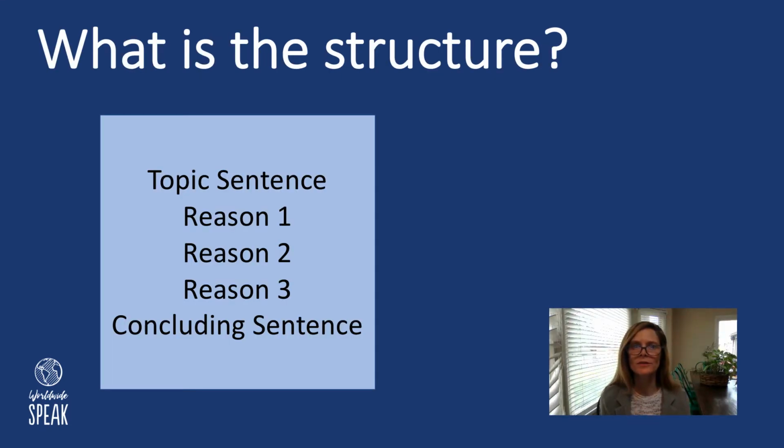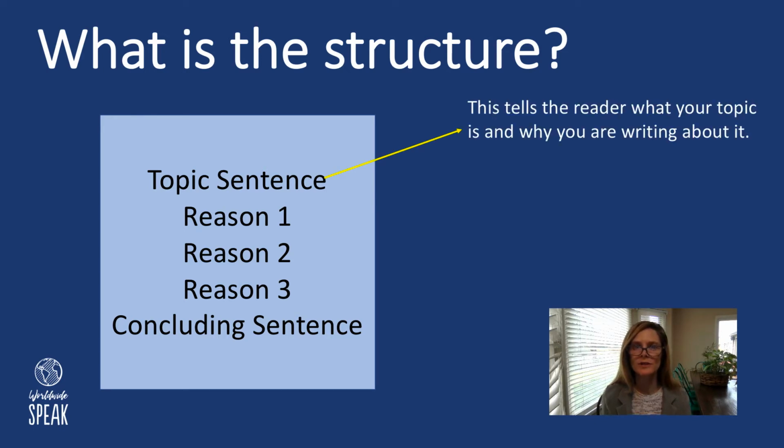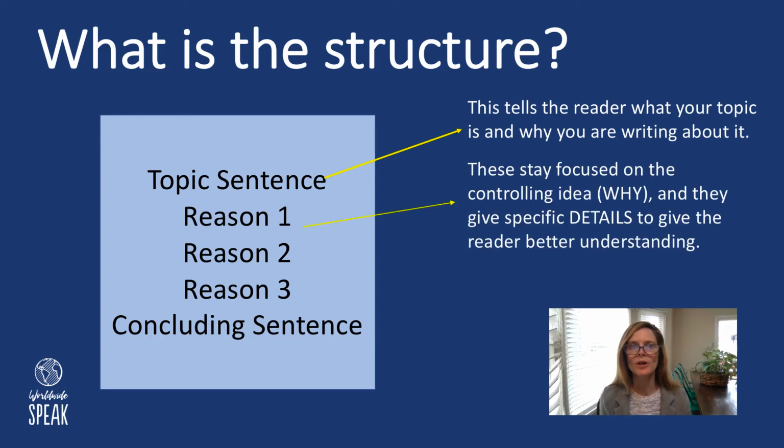First, what is the structure of this paragraph? The first sentence is your topic sentence. It tells the reader what you're talking about and why. Then you have your reasons, and the reasons stay focused on why you're writing about this topic.